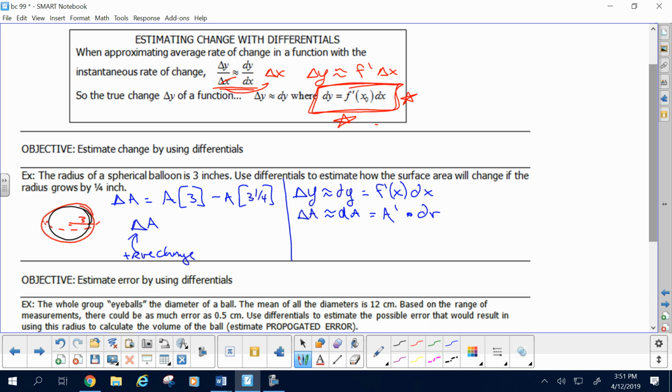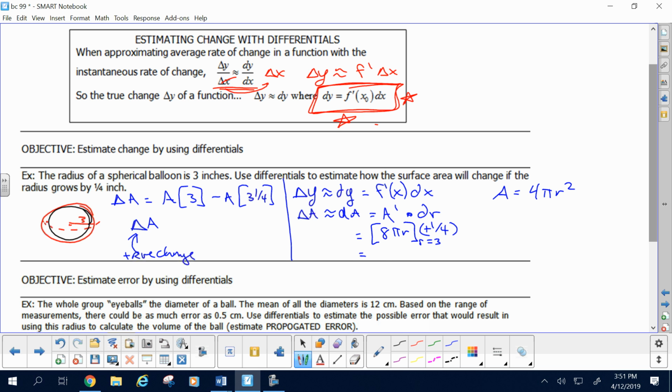Now for this problem then, A prime, because the surface area is 4 pi r squared, A prime is 8 pi r. We want the rate at which it's changing at the initial point, so an r of 3. And the radius is going to change by a positive 1/4 because it said it grows.